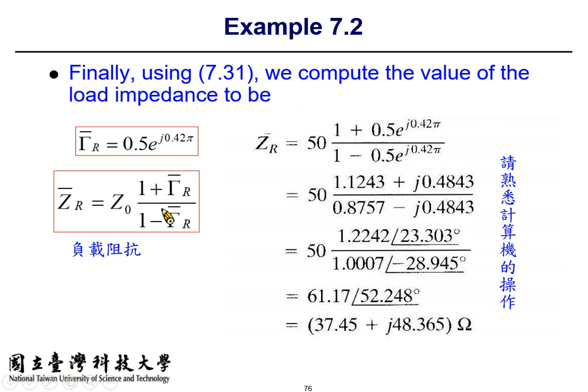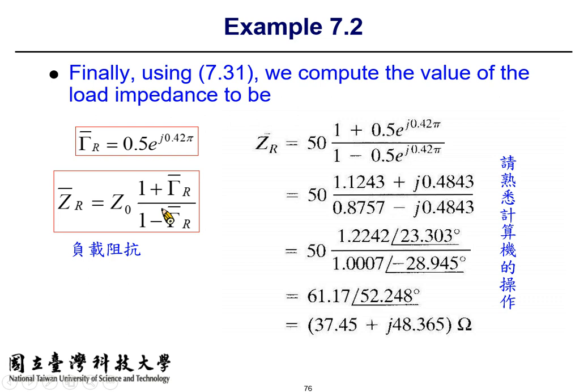The technique you need to master is using your calculator to change numbers between polar form and real and imaginary form. You need to know how to convert a complex number into magnitude and phase, and convert a number expressed in magnitude and phase into real and imaginary parts.